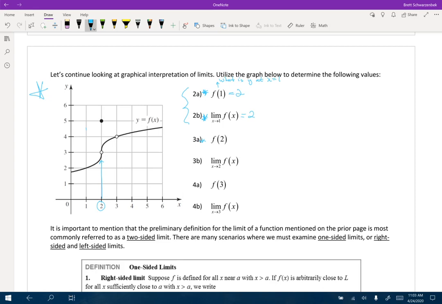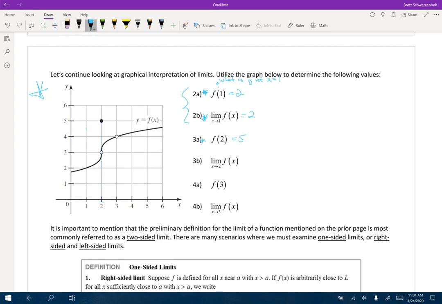Why do I disagree? Because there is a point right here. So there is a value of y at x equals 2. It doesn't matter if it's on the line or not. That has no bearing on the situation at all. The value of y at x equals 2 is actually a bit further up the graph at y equals 5. Okay, that's the first thing.